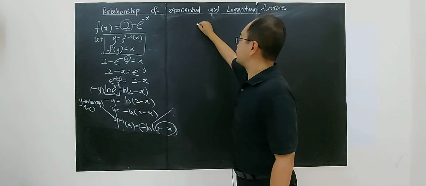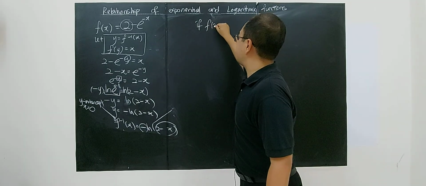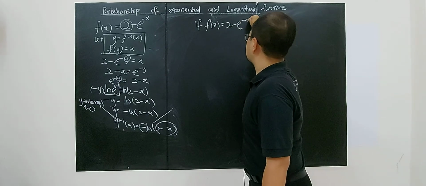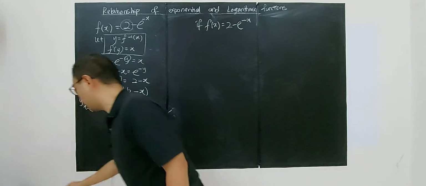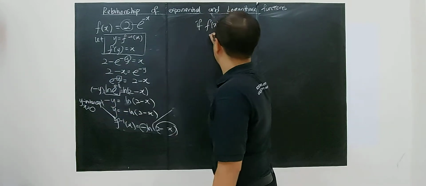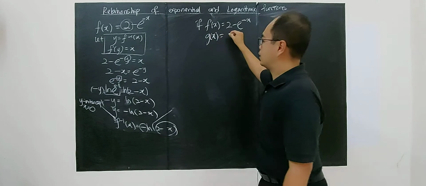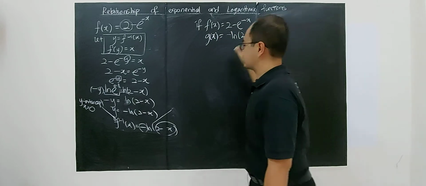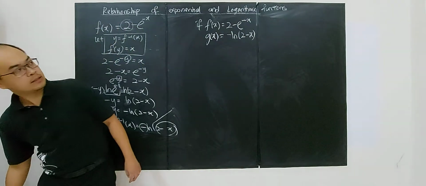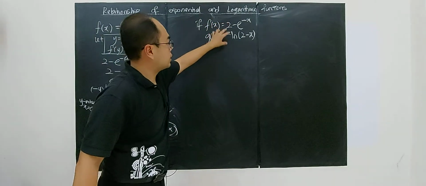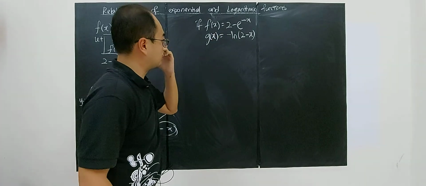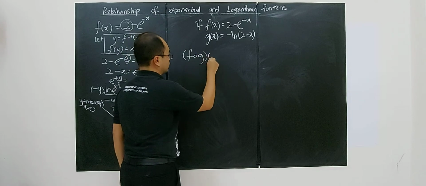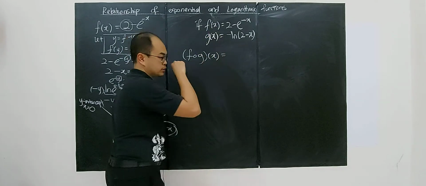Say they give you f(x) to be 2 minus e to the power of negative x, and g(x) to be negative ln(2 minus x). You can always find the composite function to see the relationship between these two functions.